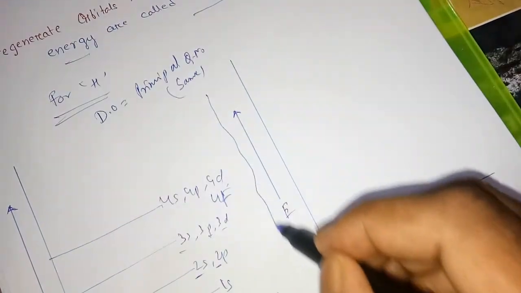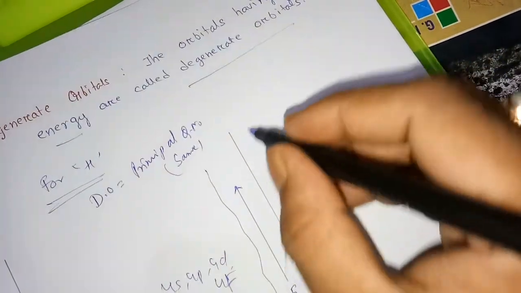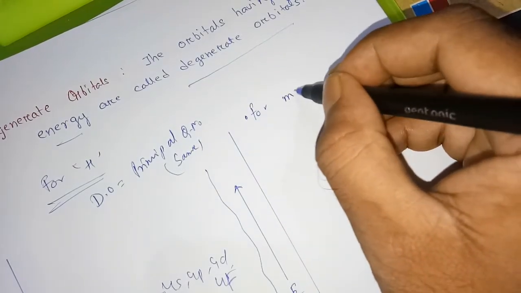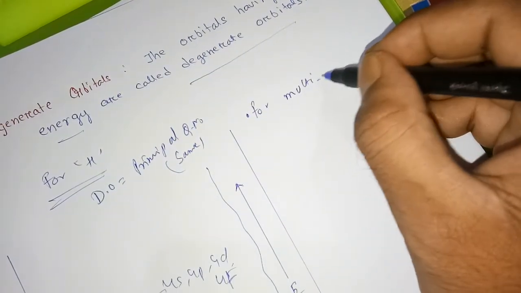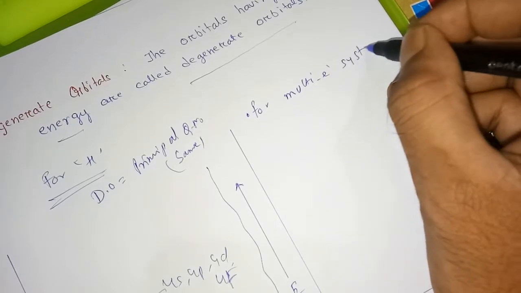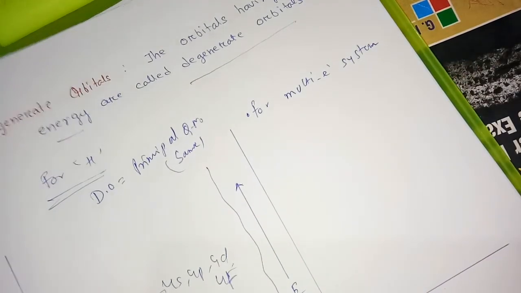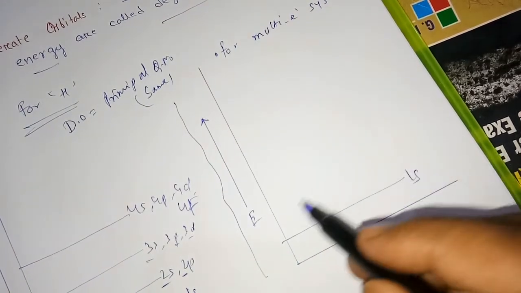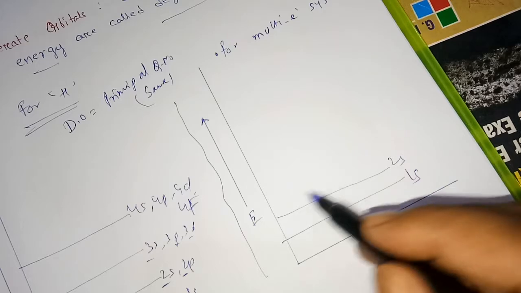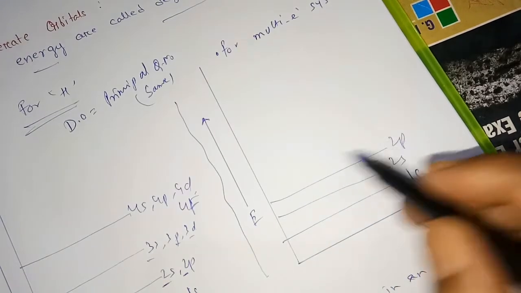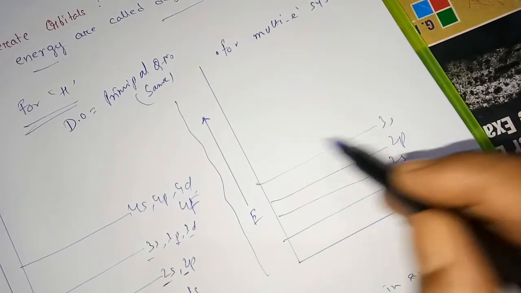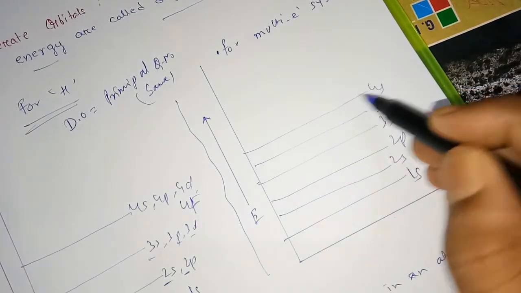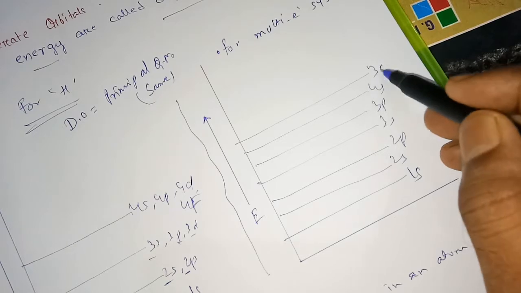Now the same for a multi-electron system, things differ. This is your 1s, this is 2s, this is 2p, this is 3s, this is 3p, this is 4s, this is 3d.